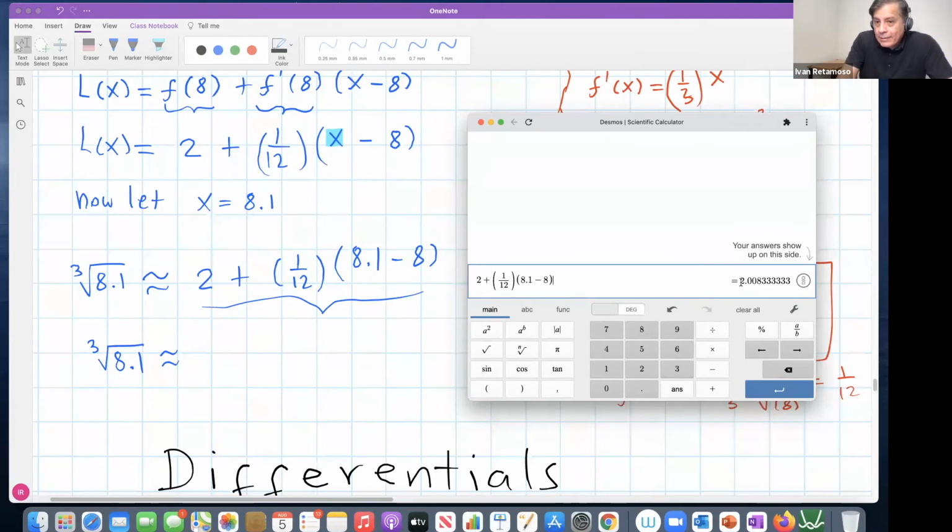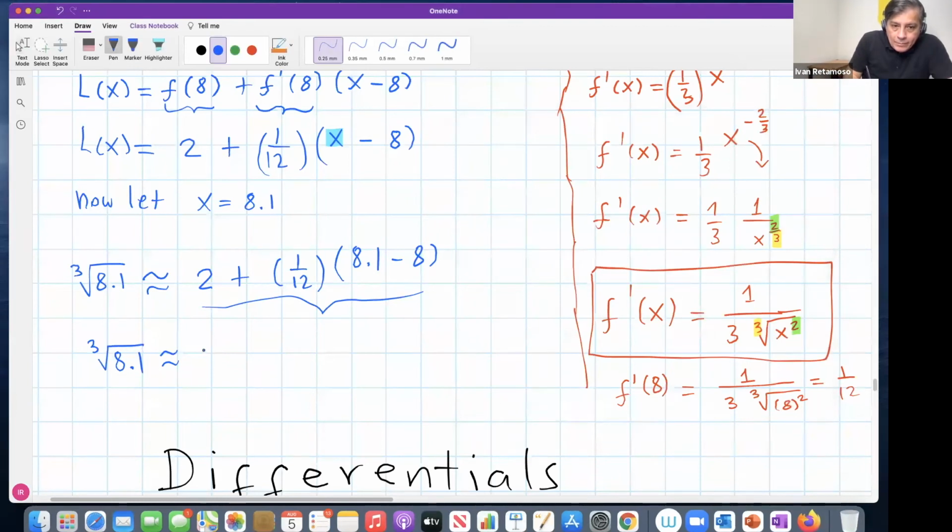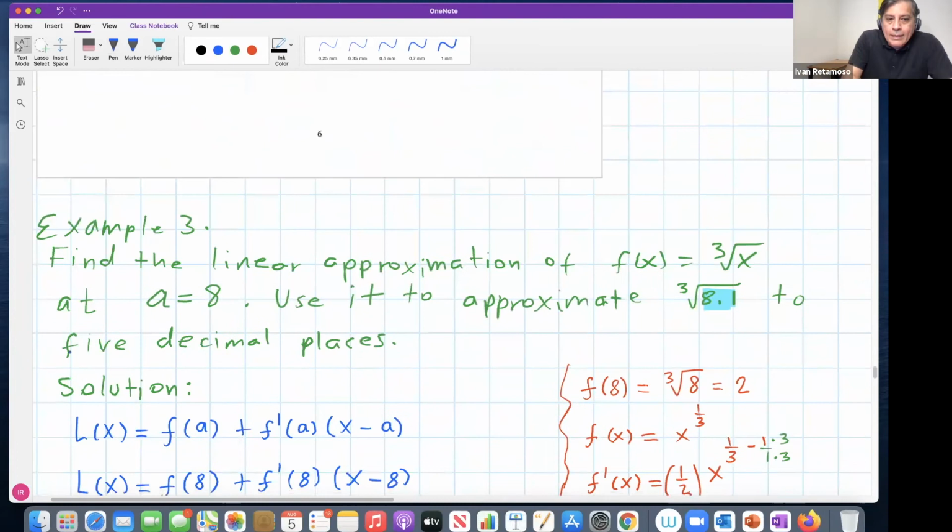So we're going to write this whole thing right up to here. Very good. So let's write it down: 2.00833, rounded to 5 decimal places following the instructions here.